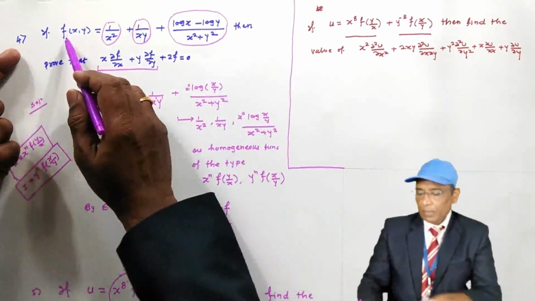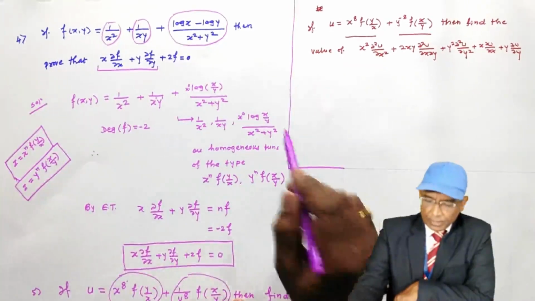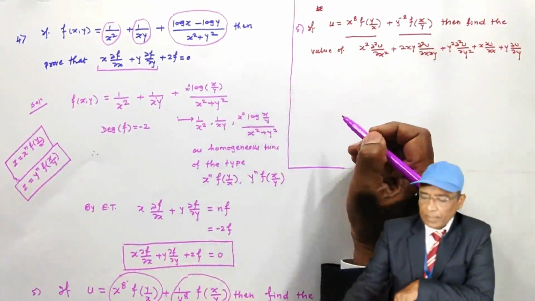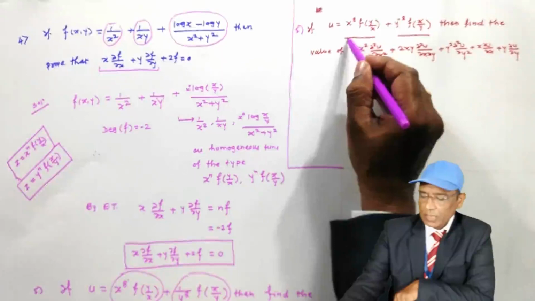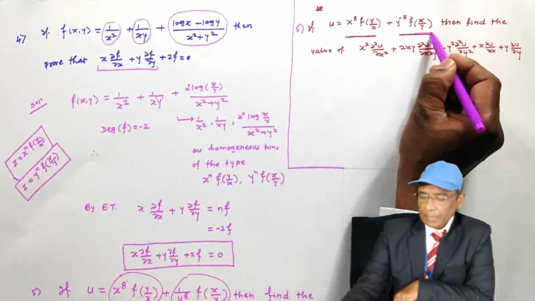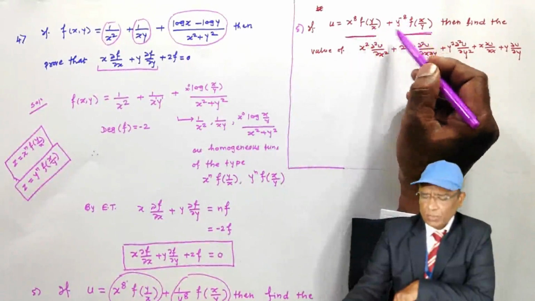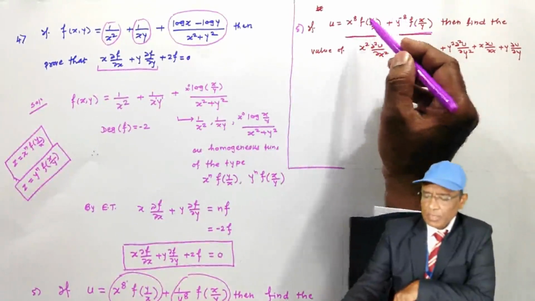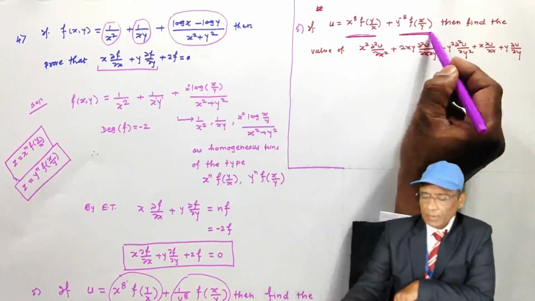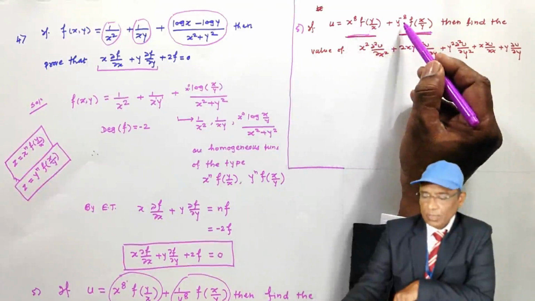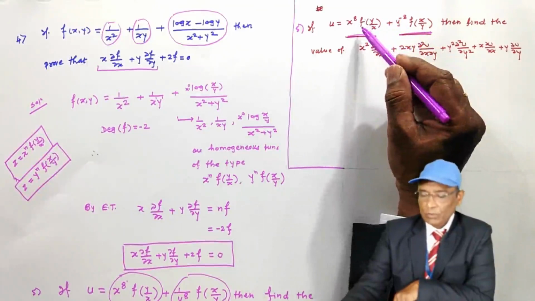Okay. In this sum, see, there are two terms, first term and second term, each a standard homogeneous function. Here the degree of this term is 8 and the degree of this term is -8. You cannot apply it directly on u.